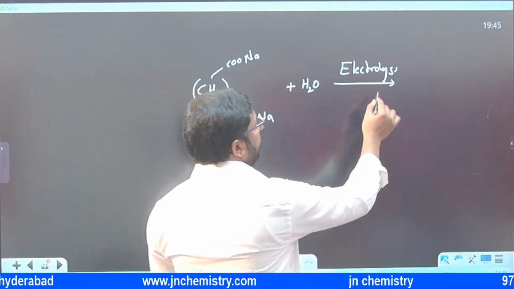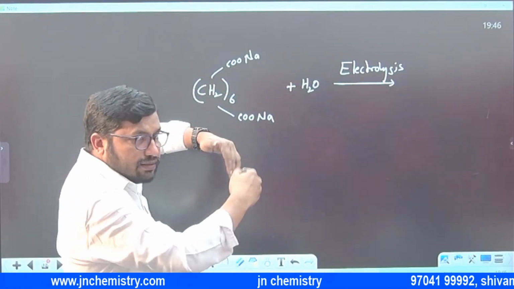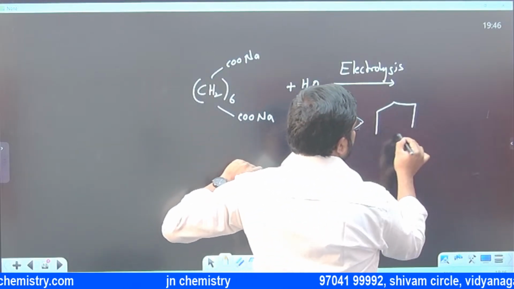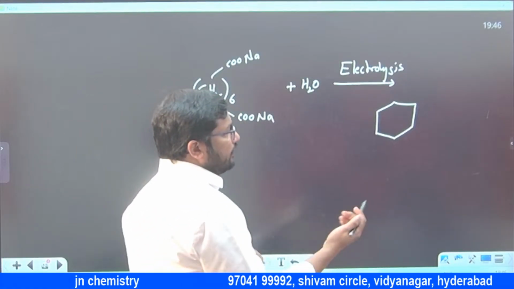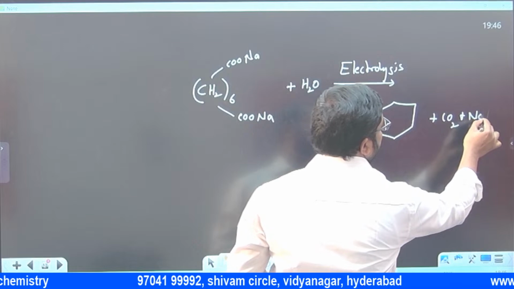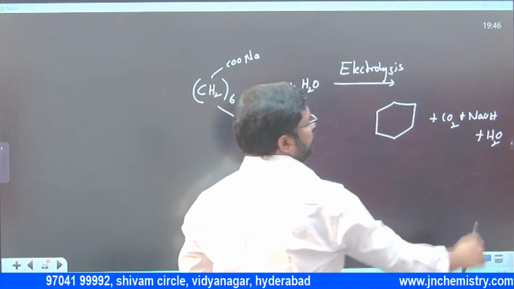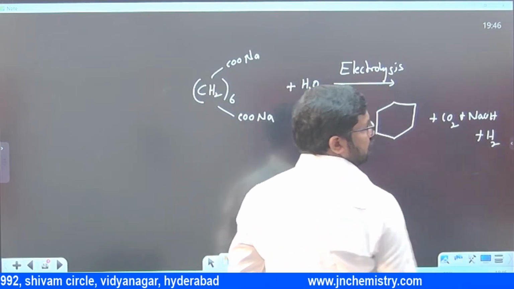Electrolysis. Here is radical, here is radical. Because it's a big ring, 6, right? Directly we can write the cyclohexane. Cyclohexane, remaining products are the same, H2.